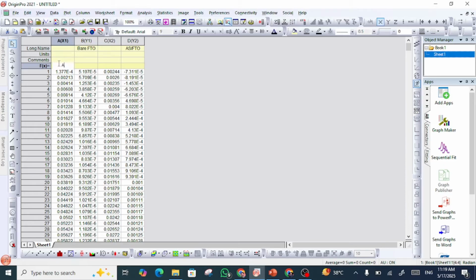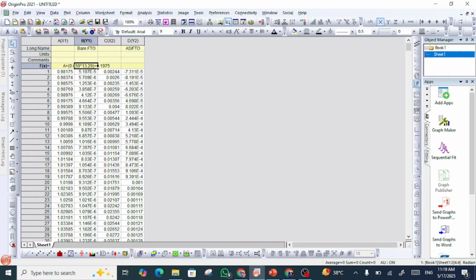So I will write A plus, in bracket, 0.059 multiply the pH that we have of our electrolyte, which was 13.29 that we measured during our experiments, and then plus 0.1975.